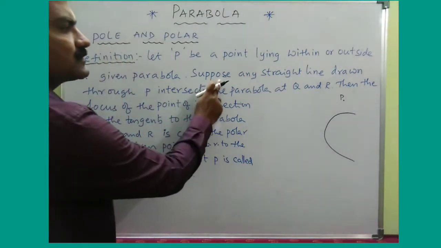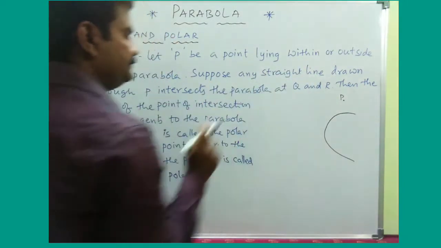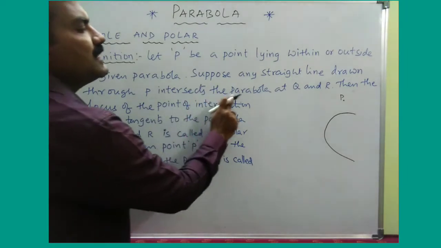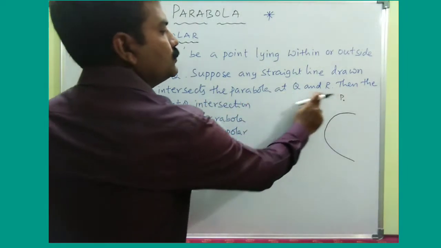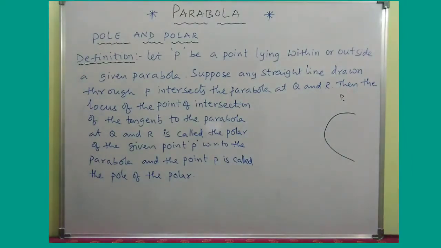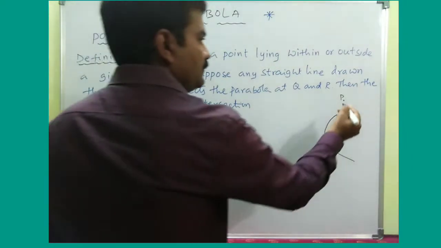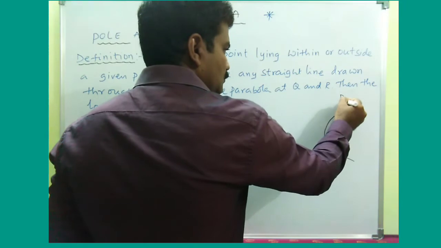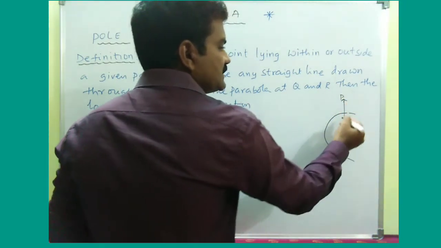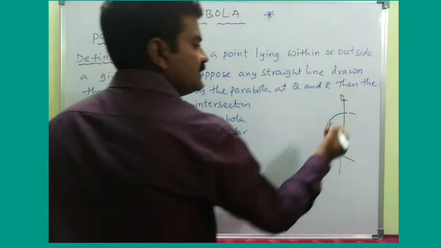Now suppose any straight line drawn through P intersects the parabola at 2 points, say Q and R. So if you draw any line through this P, surely it intersects the parabola at 2 points.